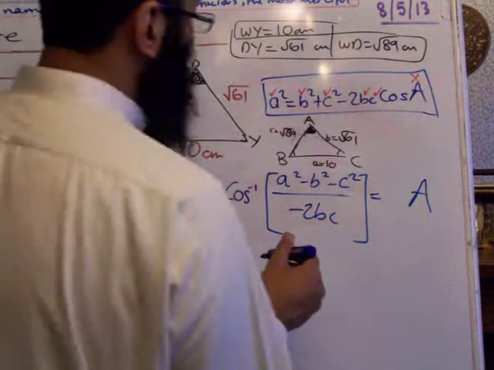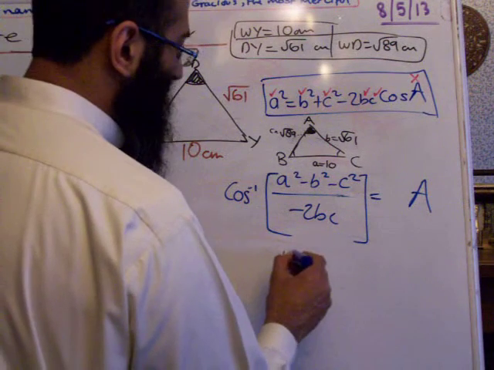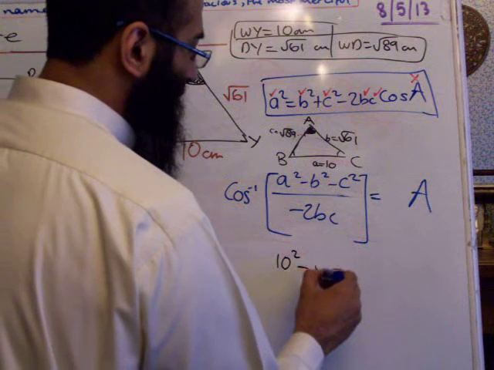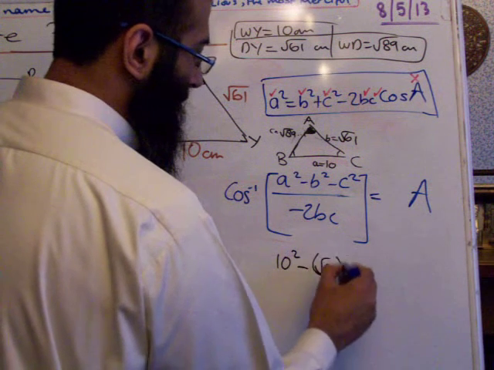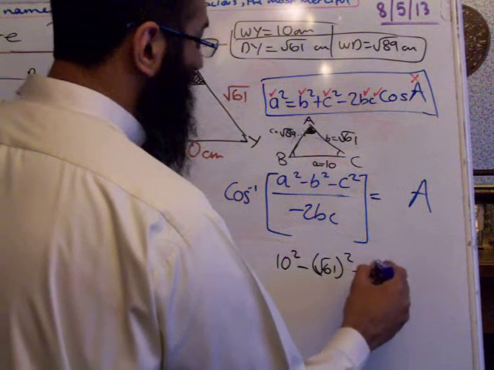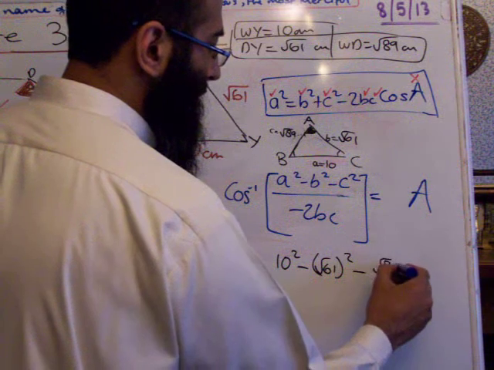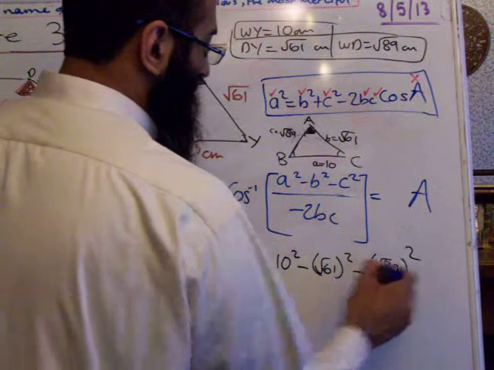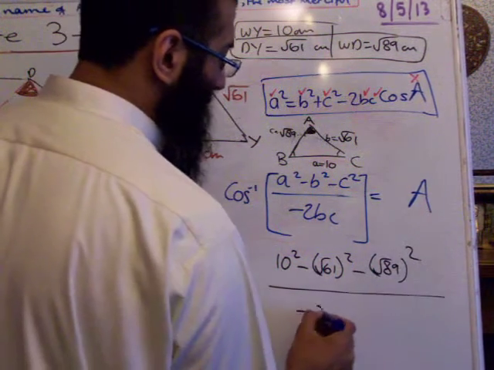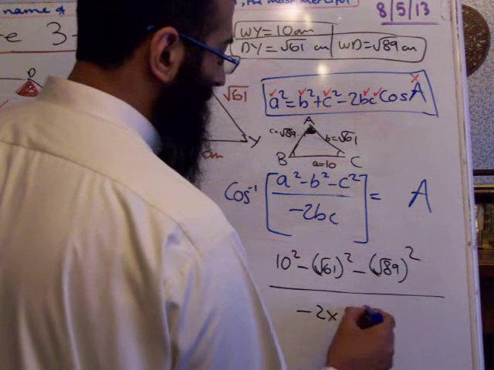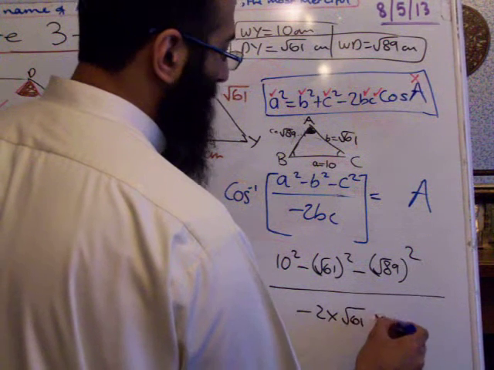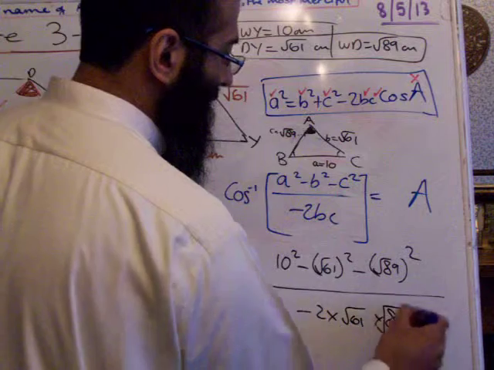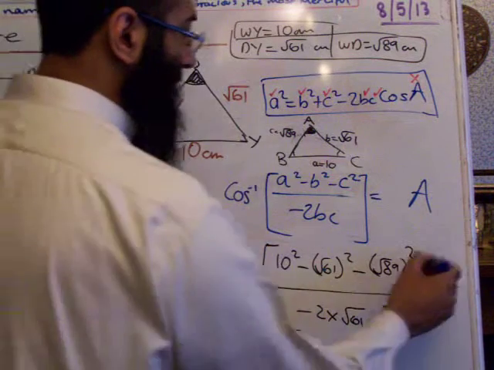Right, A is going to be cos to the minus 1 of, in brackets, 10 squared minus b squared minus c squared, and we're going to divide that by minus 2 times b times root 61 times root 89. And then close the brackets.